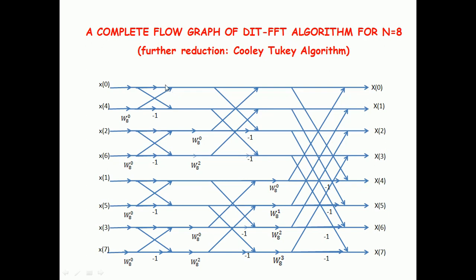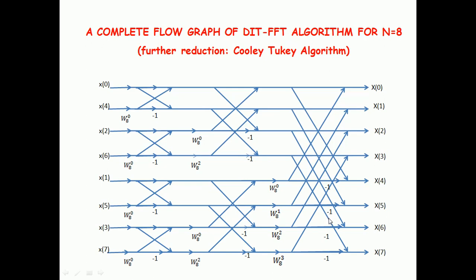So how many multiplications do we have here? So this is one multiplication, 1, 2, 3, 4, 5, 6, 7 and 8, 9, 10, 11 and 12, and this 13, 14, 15 and 16, 17, 18, 19, 20 and these 4, 24.